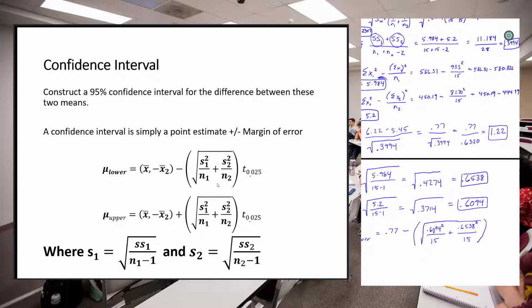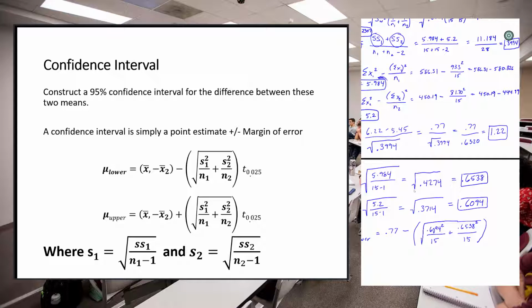And when we do this, we're going to use the smallest degrees of freedom for each sample. So if we had one group that had a degrees of freedom of 13 and one group that had a degrees of freedom of 20, we would use degrees of freedom 13 in our table. We'd go with the lowest one. But let's look. The degrees of freedom for each sample in this example are equal, right? And so our degrees of freedom for sample 1 is n minus 1, which is 14.